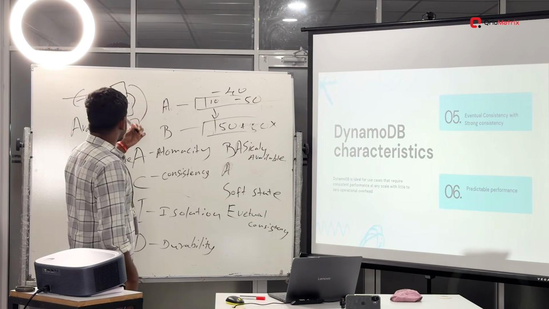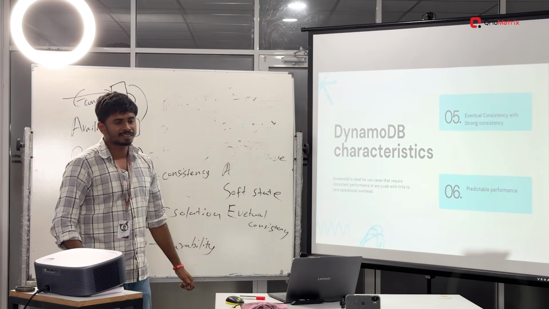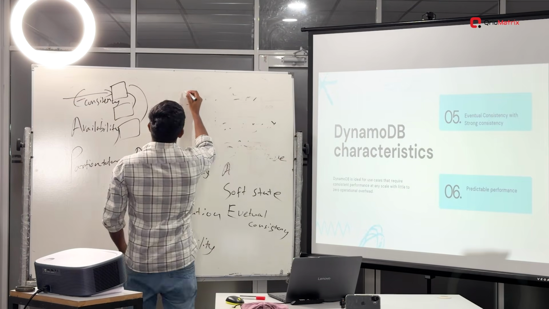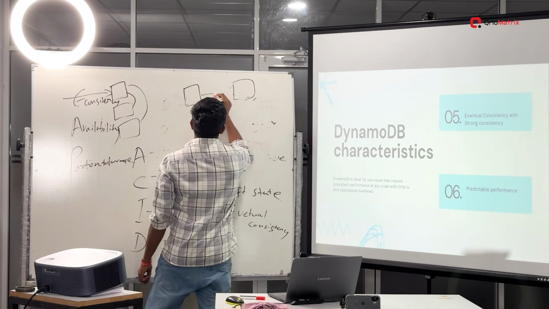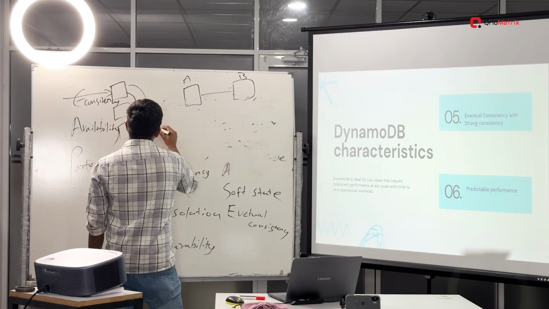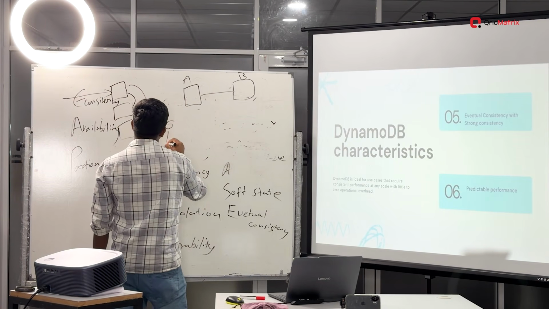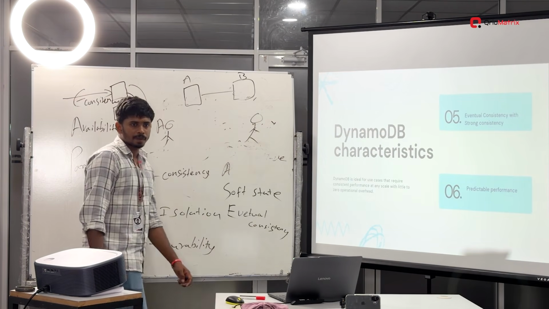Right? Then let's take a small example here. Think they have two replicas for the DB. One is A, one is B, and they have two users.